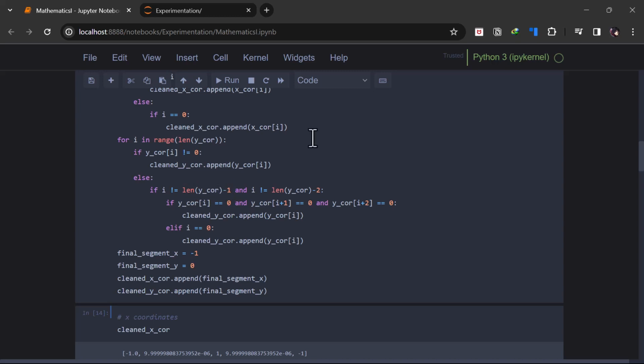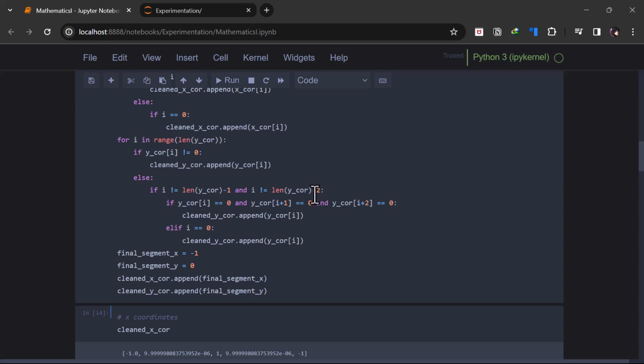In a list with 5 elements, the indices only run from 0 to 4. So that's what I'm doing: I'm excluding the application of these two conditions for these two indices. The length of y coordinate minus 1 is the last index of our y coordinate list, and the length minus 2 is the second last index.